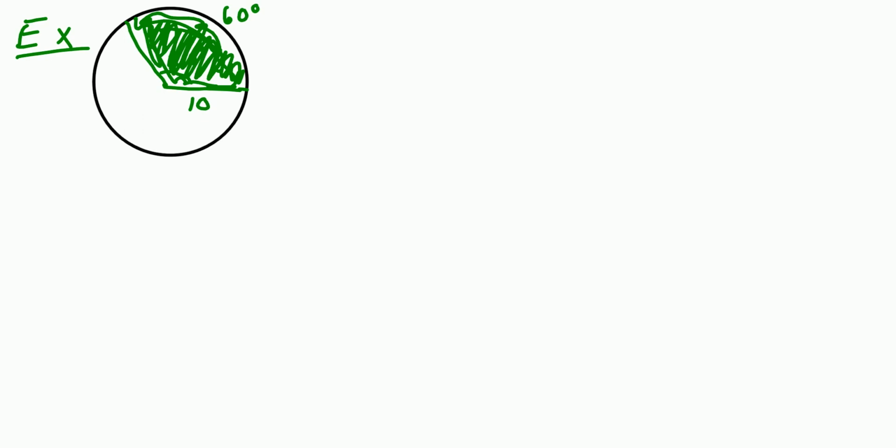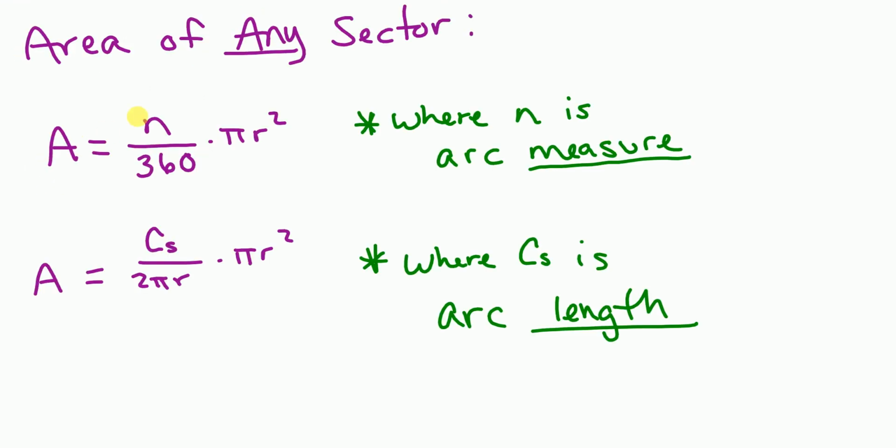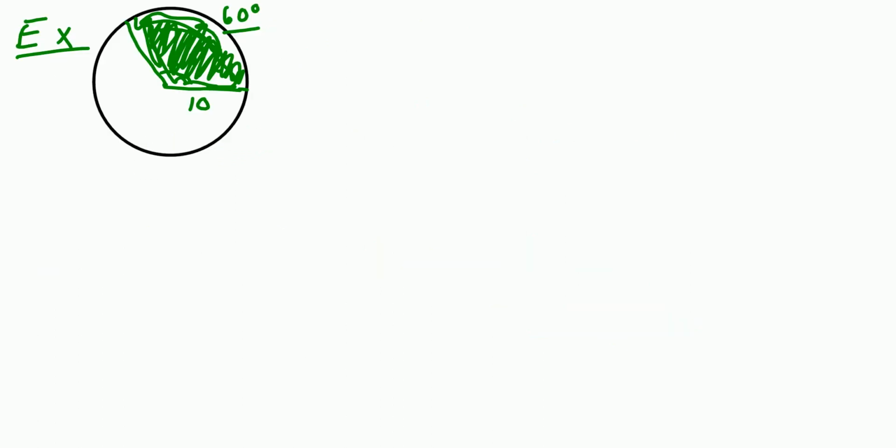In these examples, when you're told to find the area of a sector and you're given degrees, if you see a degree symbol, that tells you right off the bat that you're going to use that first formula, A equals n over 360 times pi r squared. So my n in this case would be 60. 60 over 360 times pi.